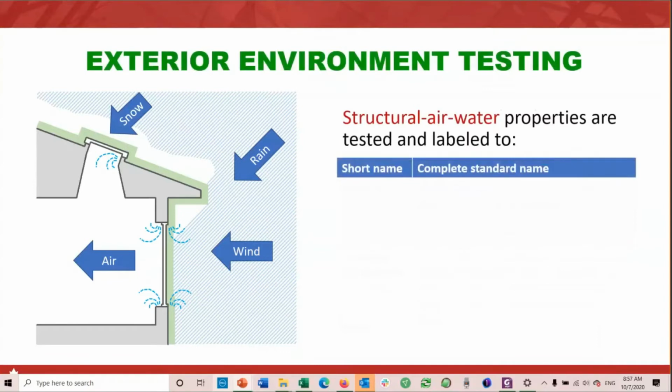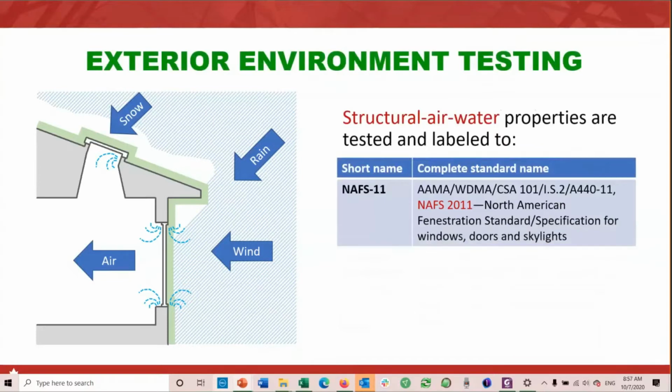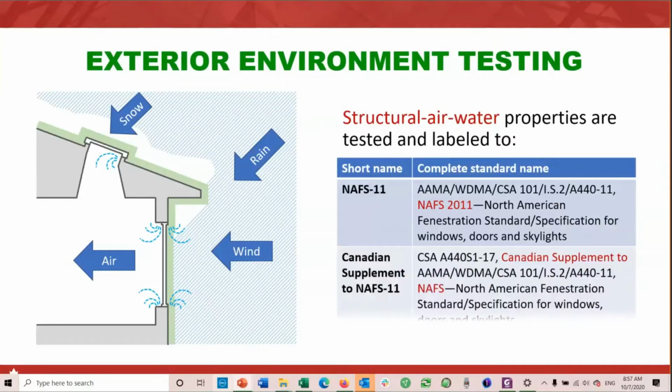These properties are tested and labeled to two standards in the building code. The first one we've already mentioned, the NAFS 11 standard. The second one is the Canadian supplement to NAFS 11, CSA A440S1-17.